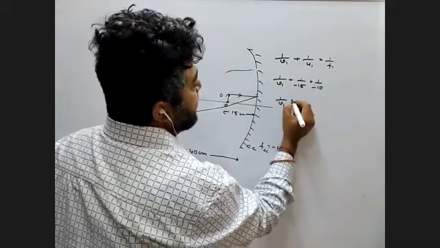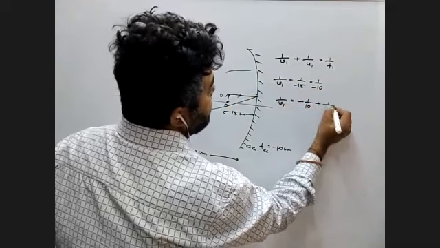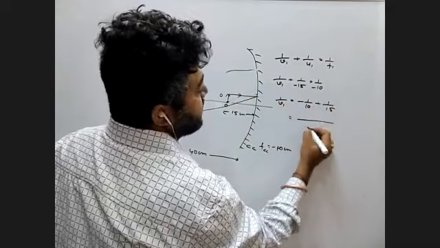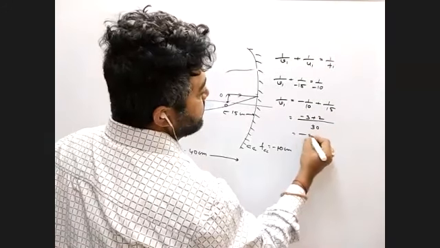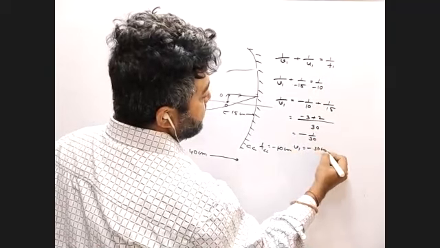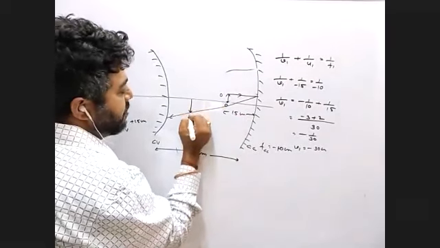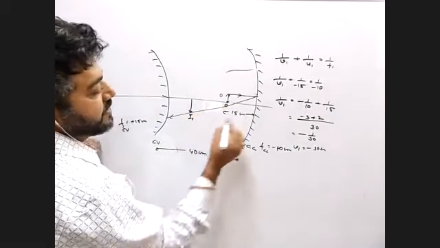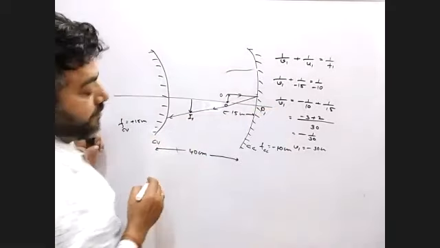From that, 1 by V1 is equals to minus 1 by 10 plus 1 by 15, that is minus 3 plus 2 over 30, minus 1 by 30. V1 is minus 30 centimeter. So the image is here, which is 30 centimeter in that side. So let it be P1.